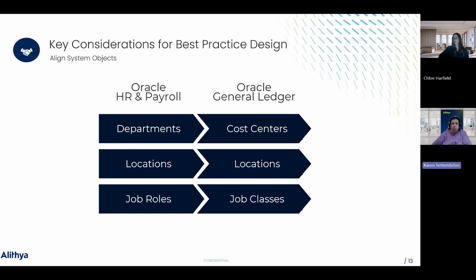And it's very important to understand that because if you have a different alignment, let's say different naming conventions or different numbering schemes, whatever the circumstance may be, you're not going to be able to use the scale that Oracle delivers in the integration perspective of sending the payroll directly to the general ledger as designed.